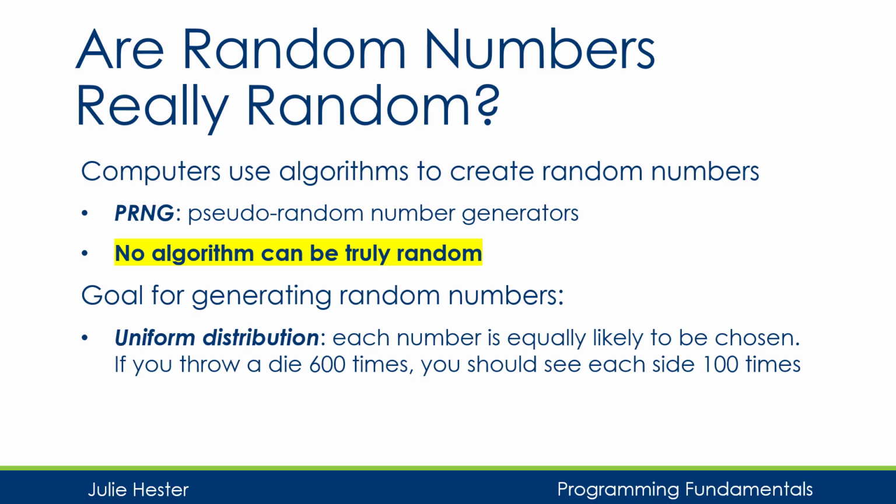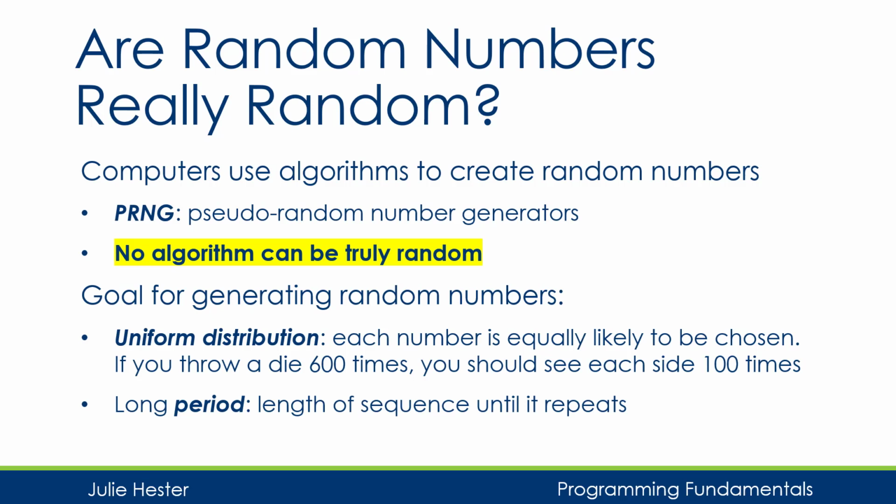So if I throw that die 600 times, I would expect to see in real life each side 100 times. That's what I want to see with my random number generation. Now, if I threw a die 600 times, I might not get exactly 100 times for each side, but I would get something very close. And I want to see that with my random number generator too.